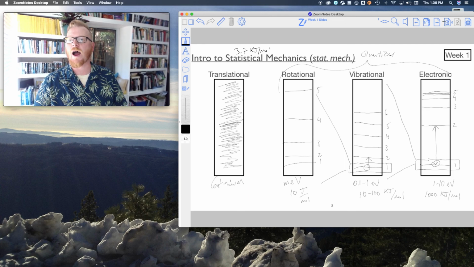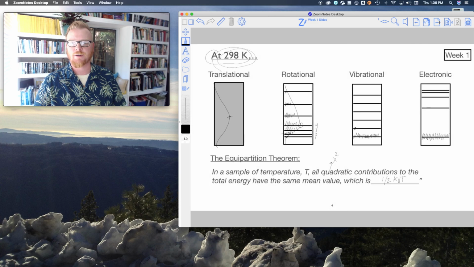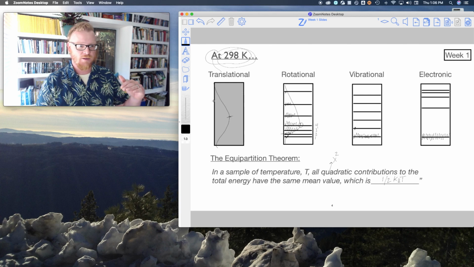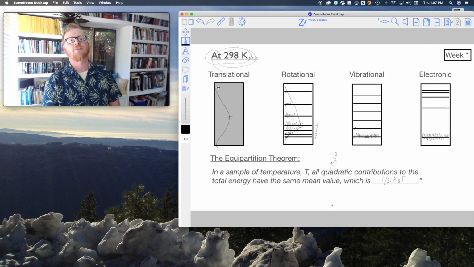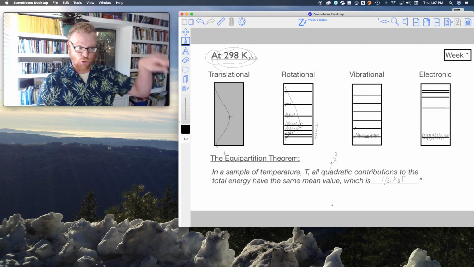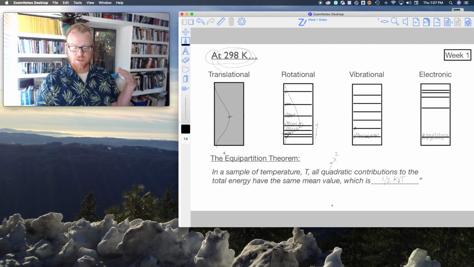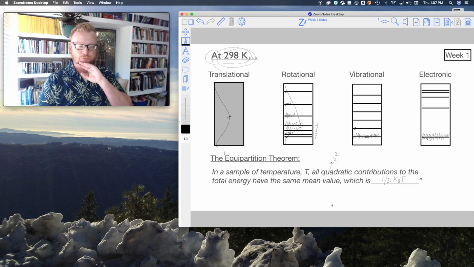So this is why at 298 K, there will be a population of translational levels. There will be some maximum population level, and it's going to have a distribution shaped like a curve. It's not a bell curve, it's a Boltzmann curve, and we're going to explore that more soon.